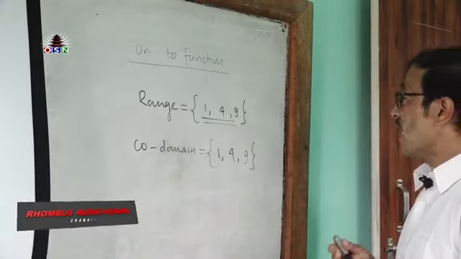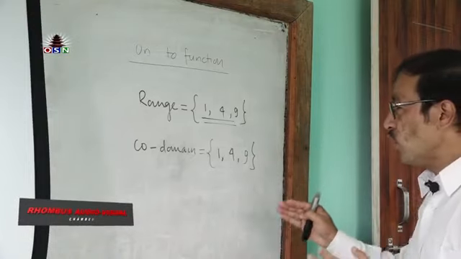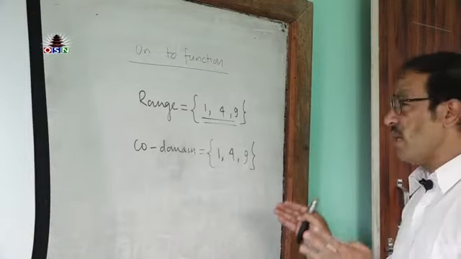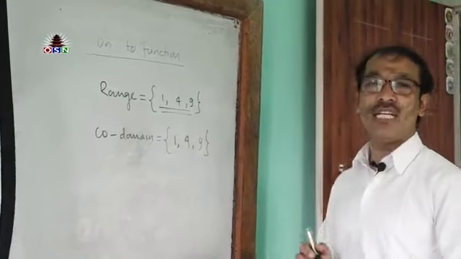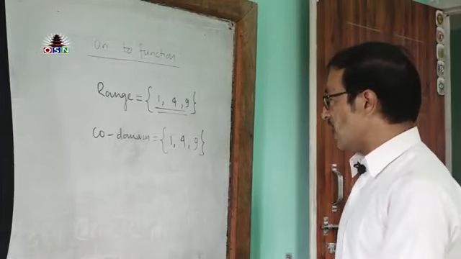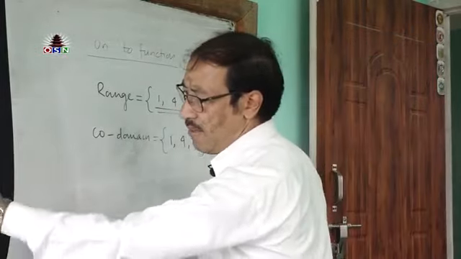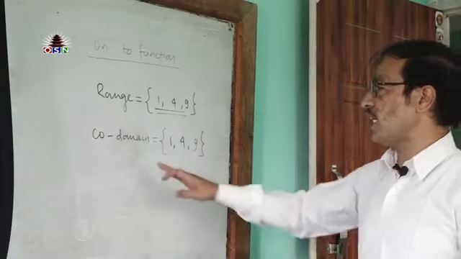Yes, here range is a collection of images only. Codomain consists of images and some other remaining elements, even if they don't have a pre-image. So here we have just 3 elements. We have made a collection of all those, so that is codomain.